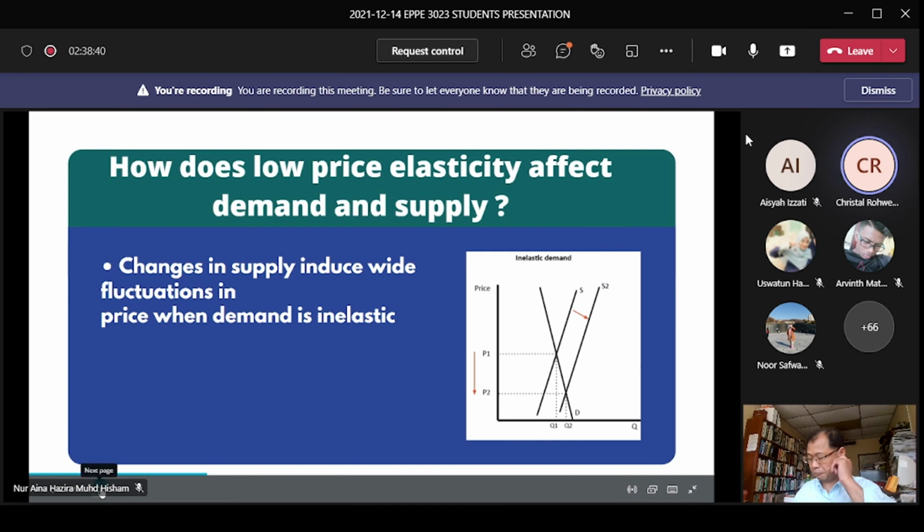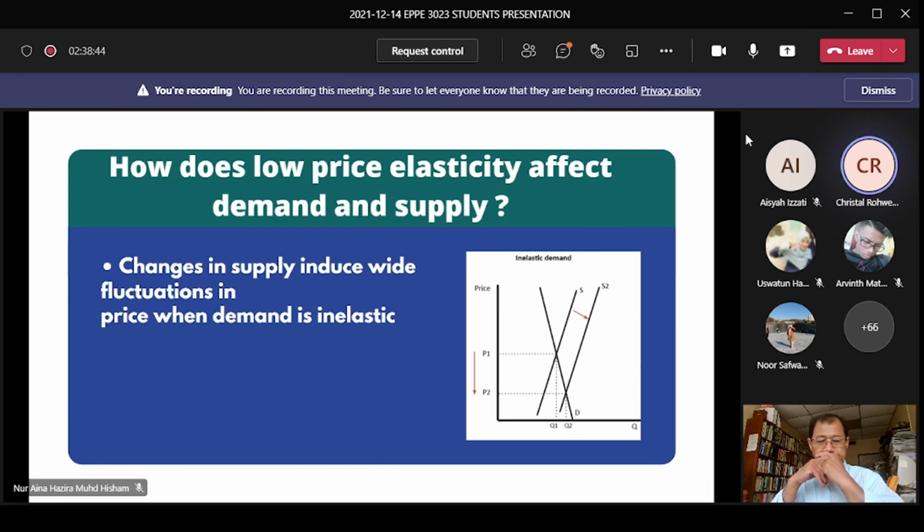Okay, so here, how does low price elasticity affect demand and supply? So changes in supply induce wide fluctuations in price when demand is inelastic. So here we can see in the graph that the price reduced and the supply shifted.